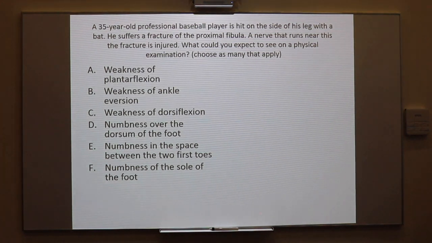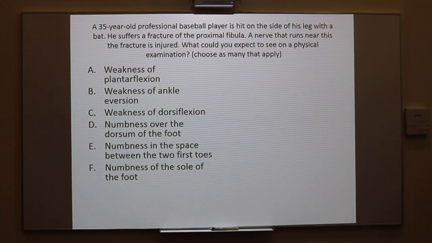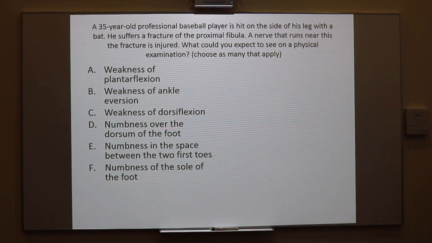So if you see here, do you have weakness of plantar flexion? No. Weakness of ankle eversion? Yes. Weakness of dorsiflexion? Yes. Numbness over the dorsum of the foot? Yes. Numbness in the space between the first two toes? Yes.